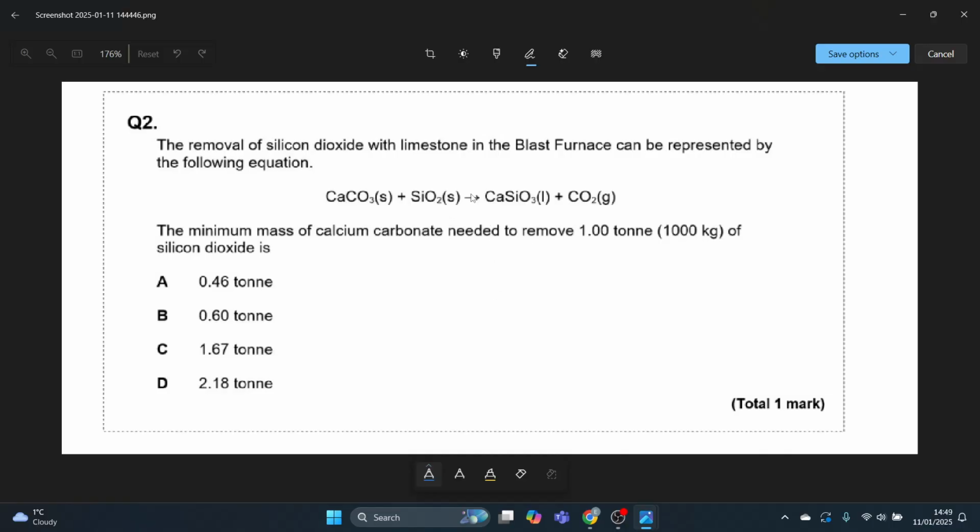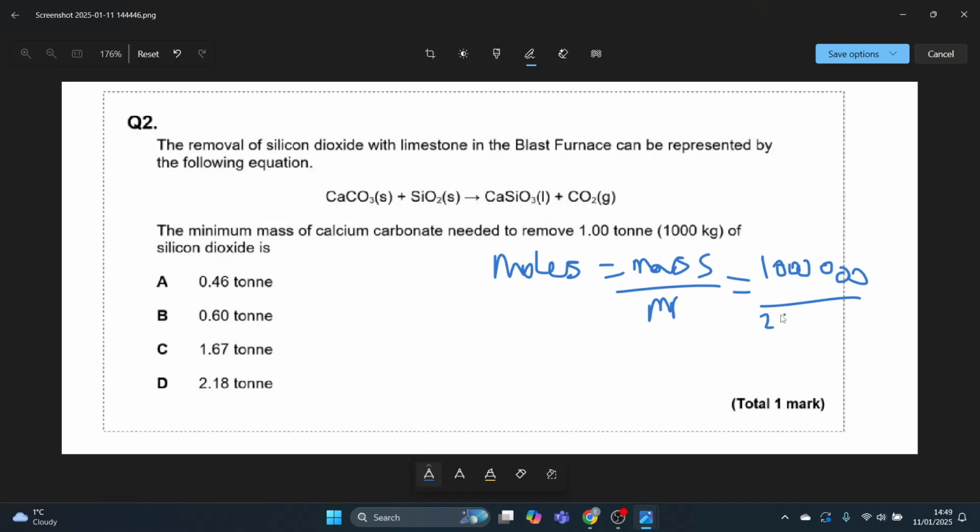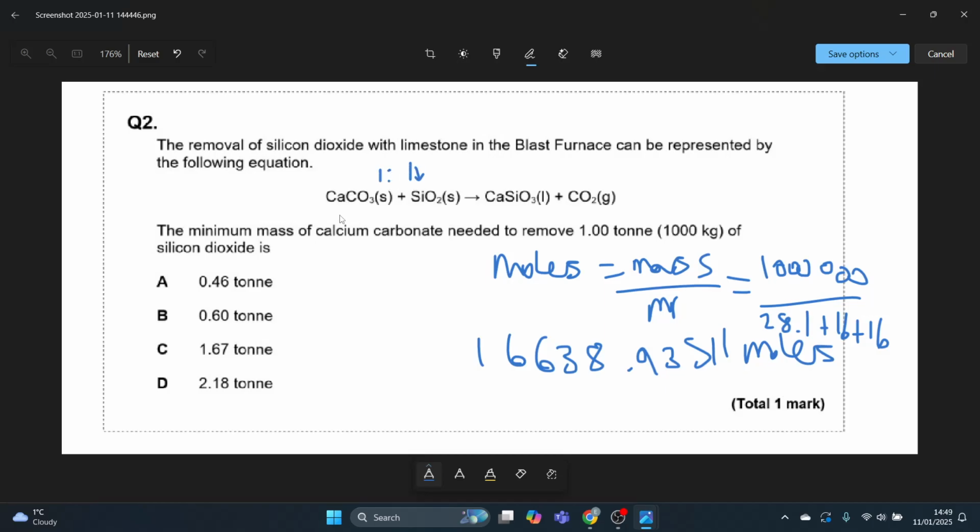We just need to keep rearranging using moles equals mass over Mr. The mass of silicon dioxide is 1,000 kilograms, 0.23 divided by the Mr. And that is the moles of silicon dioxide. But because of the 1 to 1 molar ratio, that's also the moles of calcium carbonate.